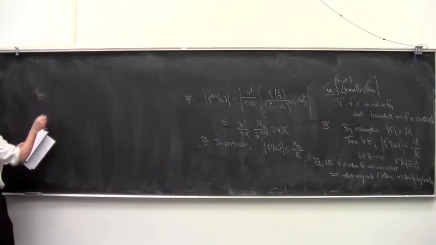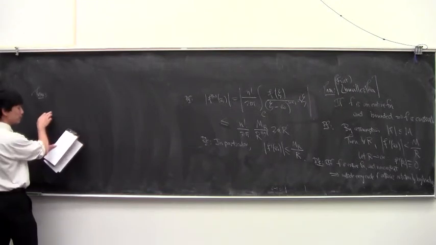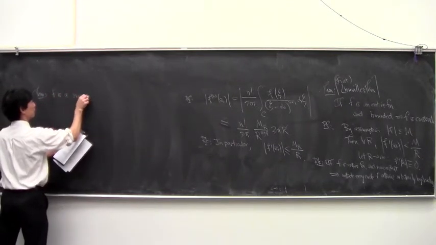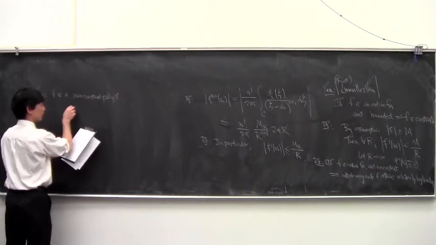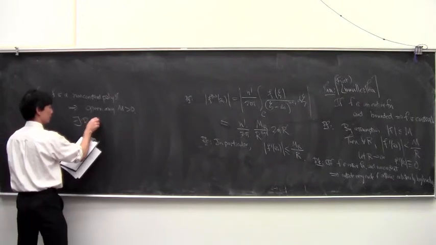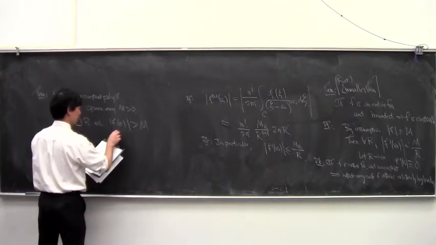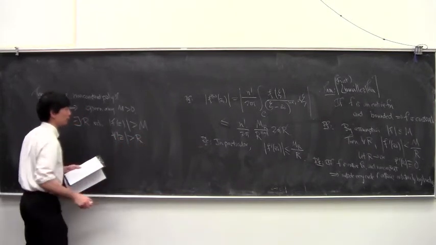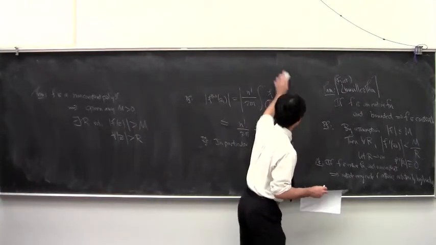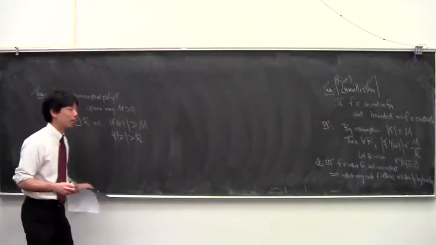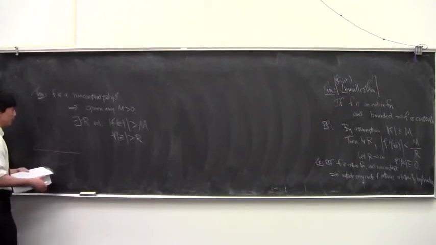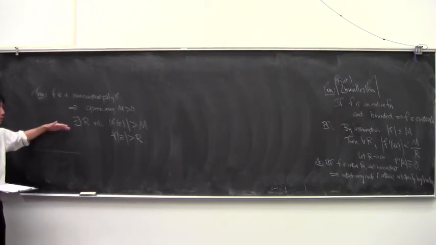One theorem that's pretty, though actually trivial: if f is a non-constant polynomial, then given any M, there exists an R such that |f(z)| is greater than M for all z with modulus bigger than R. This is a trivial observation about polynomials: given any bound, you can find a circle outside of which the absolute value of the polynomial exceeds that bound.